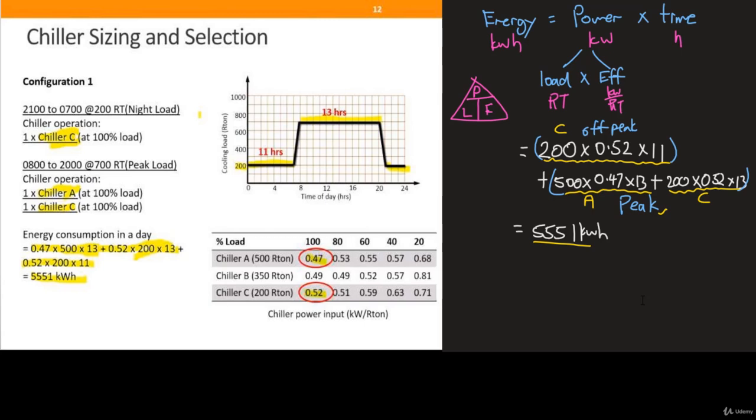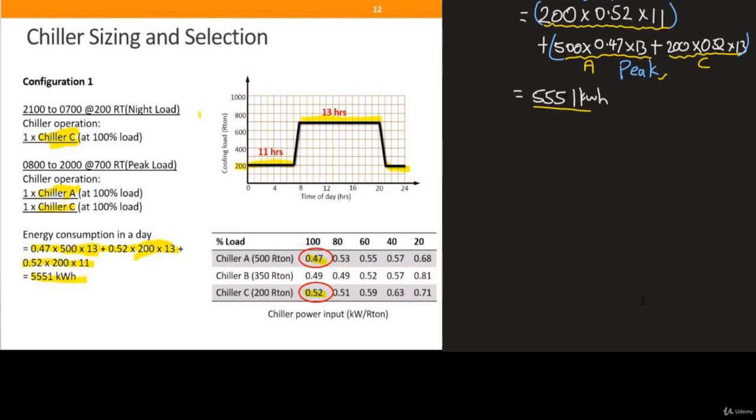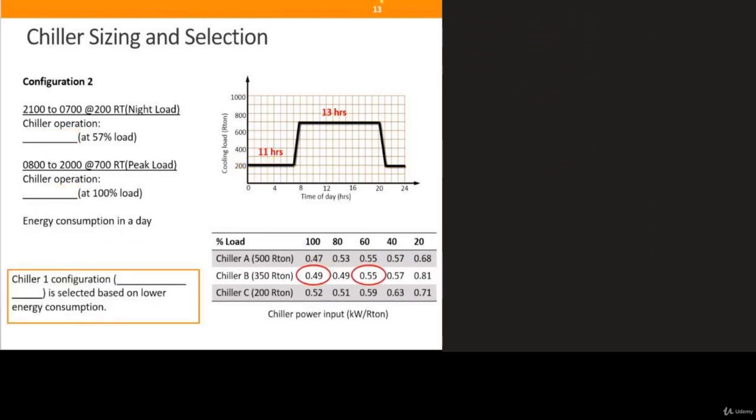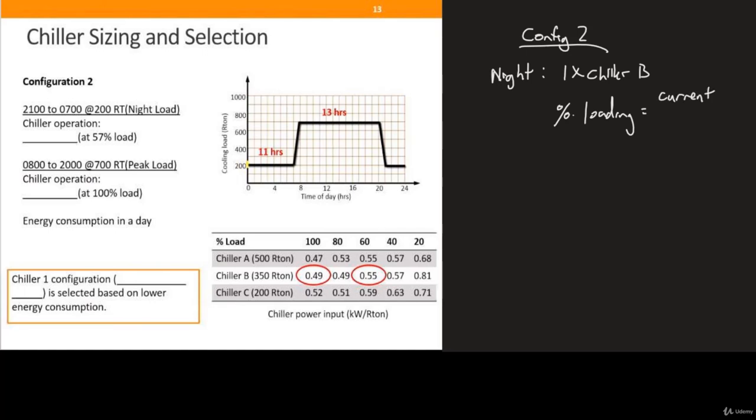Okay, so for configuration 2, during the off-peak period or the night load, you will be operating 1 medium-sized chiller. Since you only have 350 ton chillers, you have no choice but to operate one of them for the off-peak. So your percentage loading is equal to your current load over total capacity.